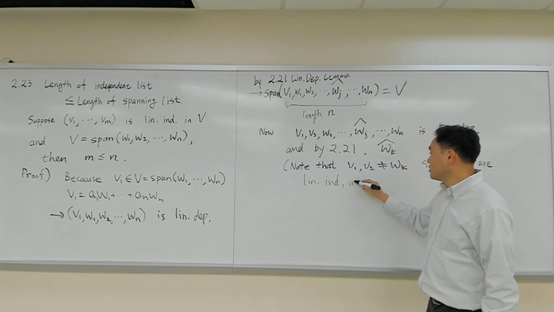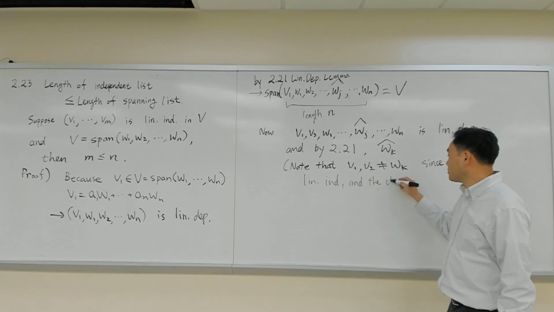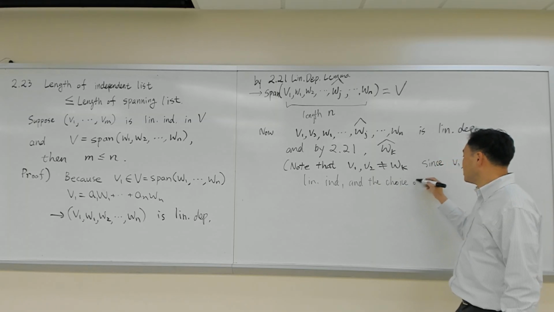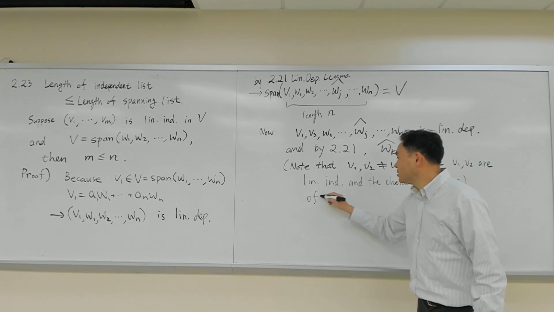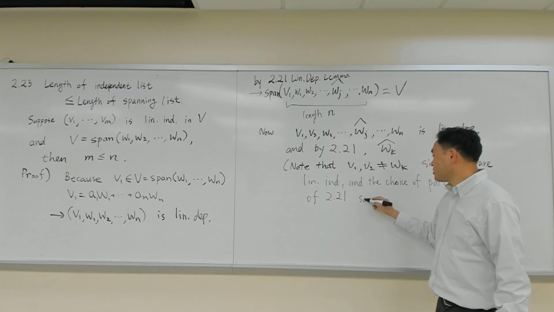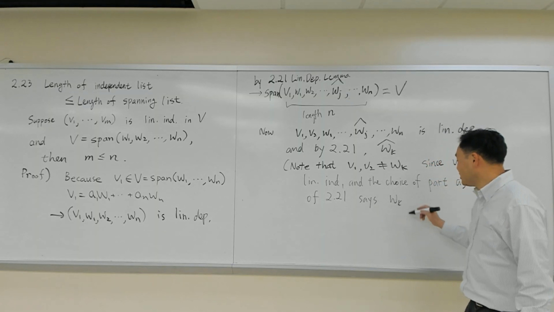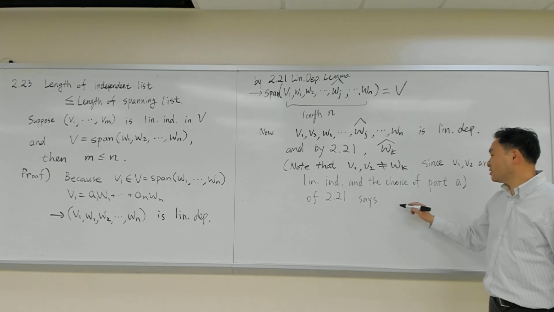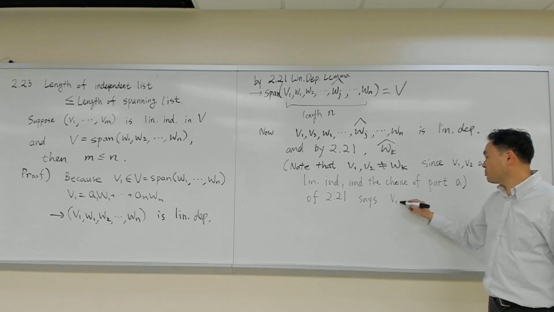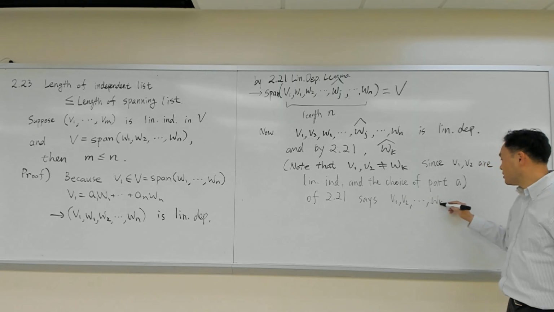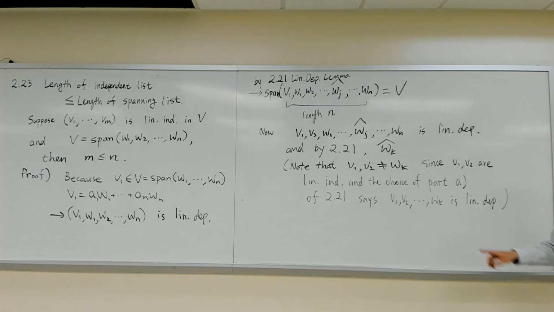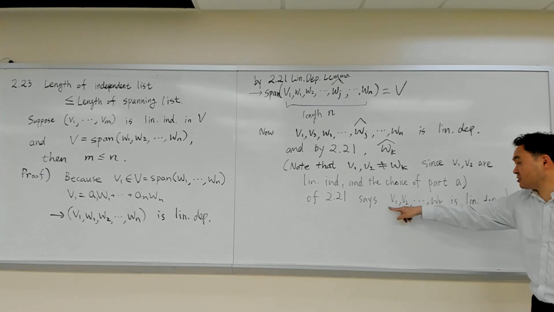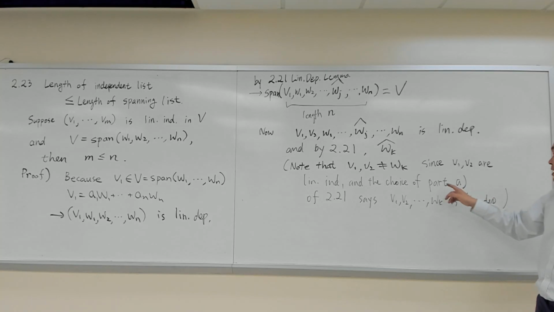And the choice of Wk in part A of 2.21 says that Wk, V1, V2, Wk is linearly dependent. Since Wk is a linear combination of previous ones, this list is linearly dependent, so it can't be one of these.